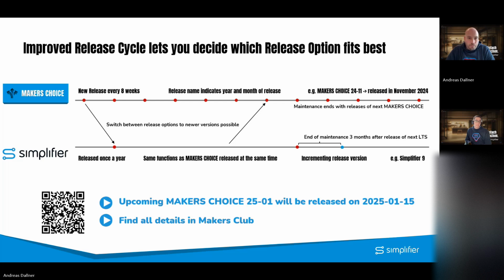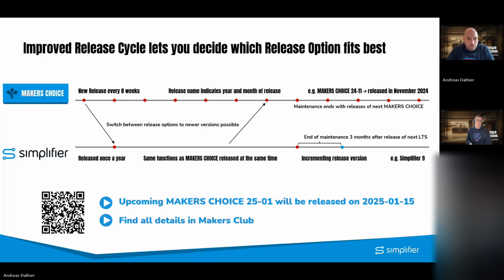And so the LTS track for Simplifier, like I said, will be very similar to the previous major releases. So we will release one LTS release per year. From the content or the features it would always be the same as a Maker's Choice that we release at the same time.